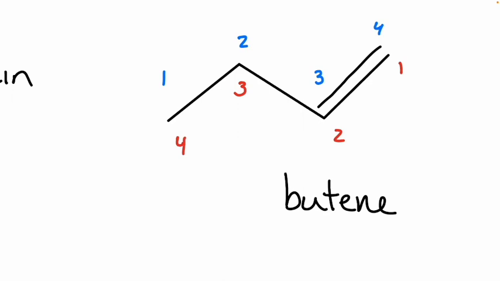I'm going to pick the red numbering scheme because that gives my double bond the lowest number. And how we refer to it in our name is by the lower number carbon. So this would be 1-butene. That implies it's between carbons 1 and 2.